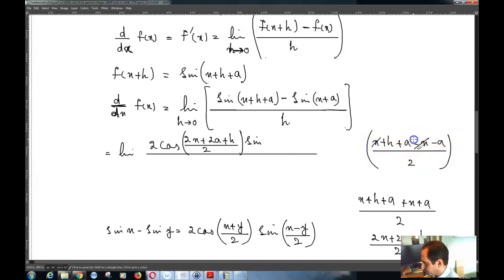That is h divided by 2, over h as h tends to 0.